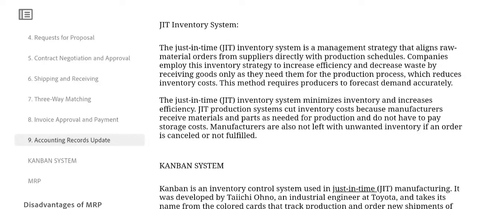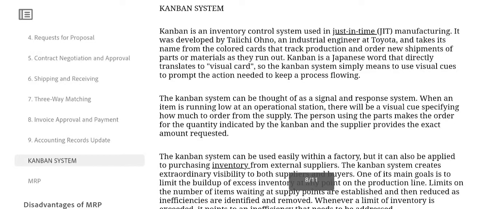After that, there is a main thing which is the Kanban system. Kanban is an inventory control system used in just-in-time. It was developed by Taiichi Ohno, an industrial engineer at Toyota, and takes its name from the colored cards that track production and order new shipments of parts or material as they run out.